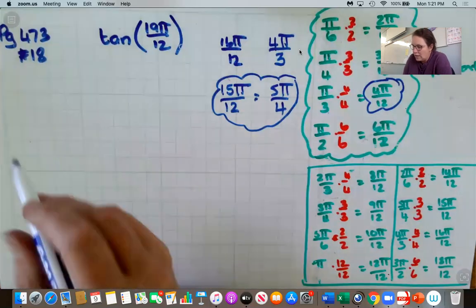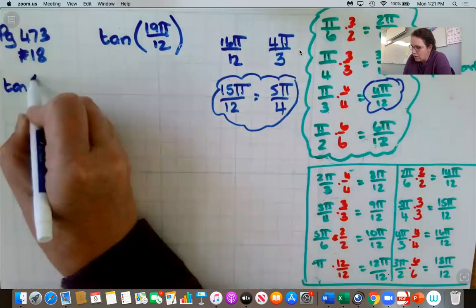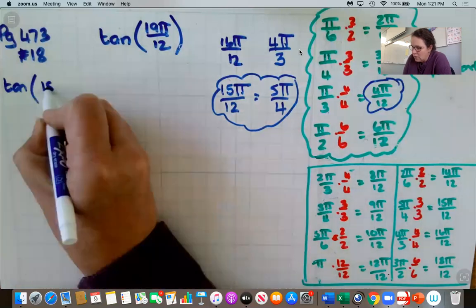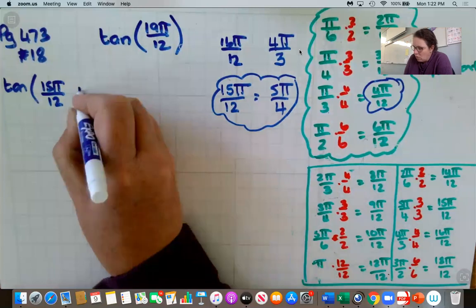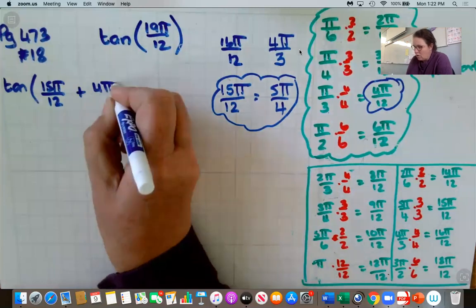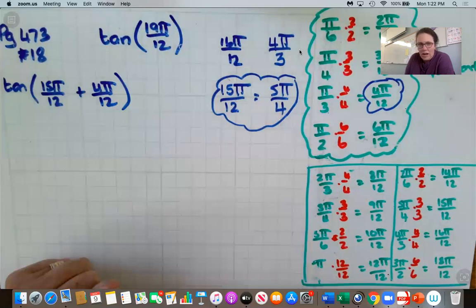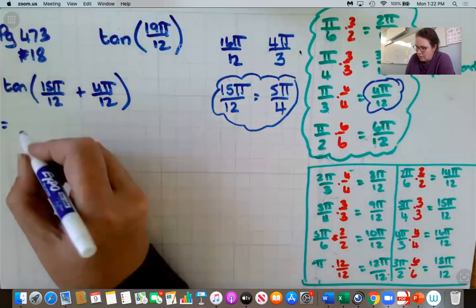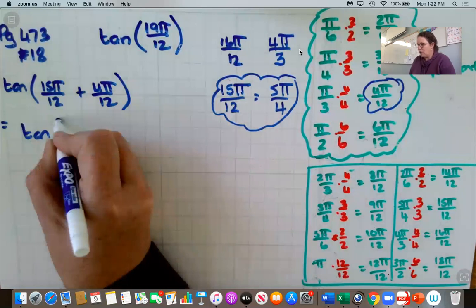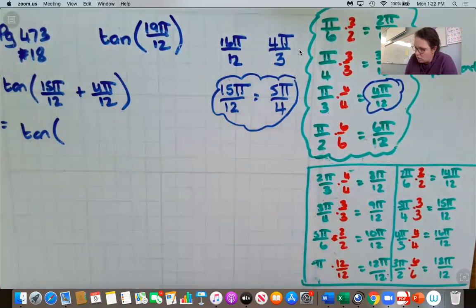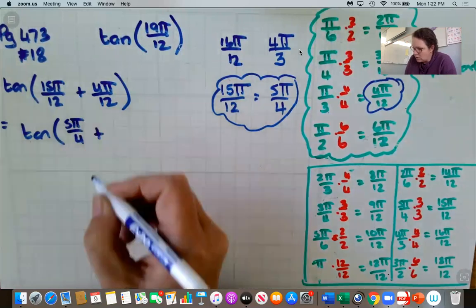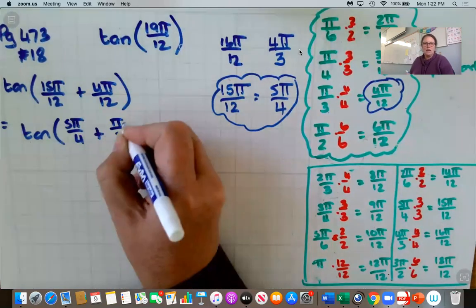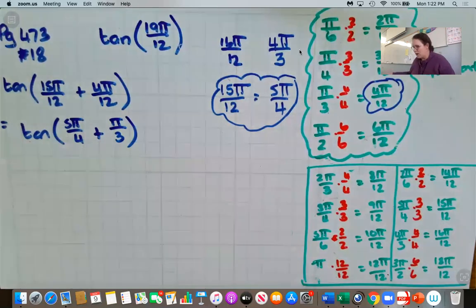So instead of saying 19 pi over 12, I could write it as 15 pi over 12 plus 4 pi over 12. And then I'm going to simplify that. 15 pi over 12 is equivalent to 5 pi over 4, and 4 pi over 12 is equivalent to pi over 3. Once I've done that, now I can use my trig identities.